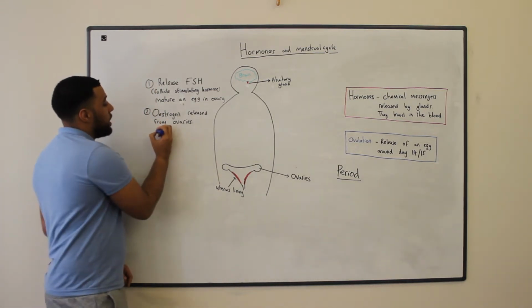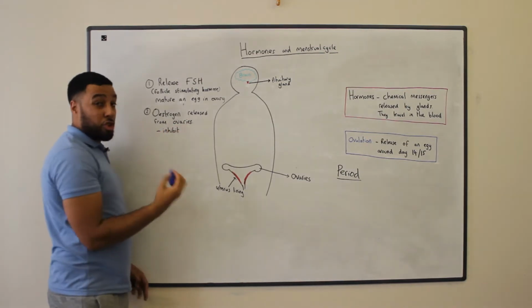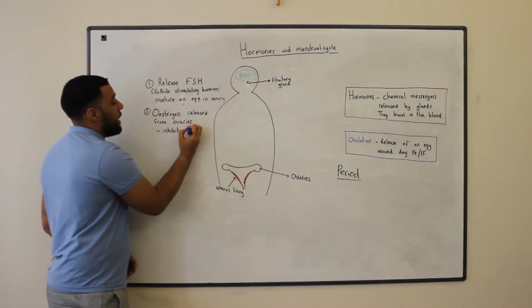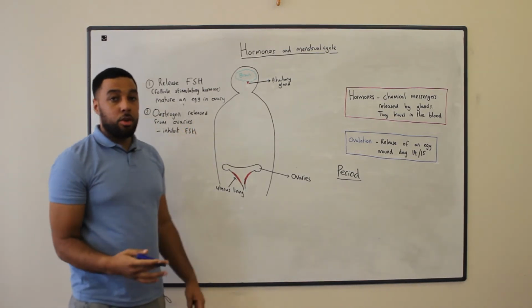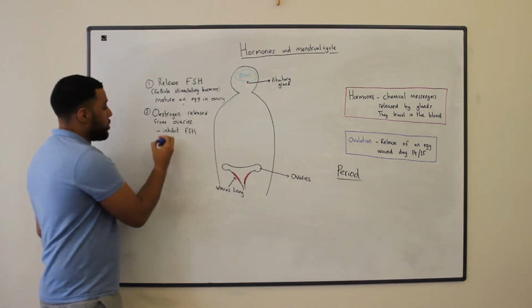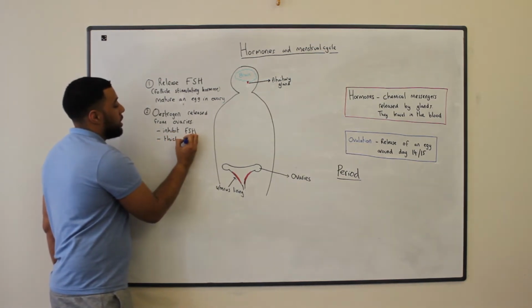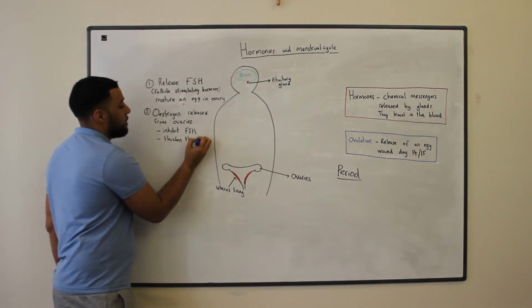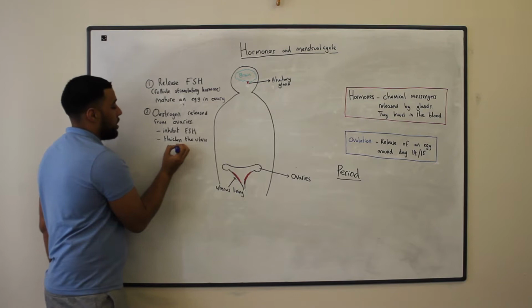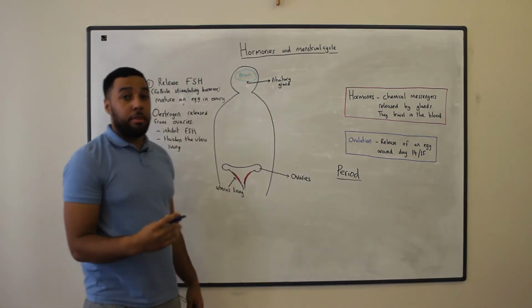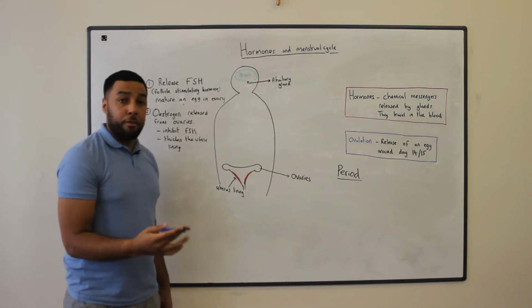The first role is to inhibit or stop the production of FSH, to stop this stimulating hormone. And it's also there to thicken the uterus lining. Remember, the thick uterus lining provides protection and food for a newborn, for a fertilized egg.